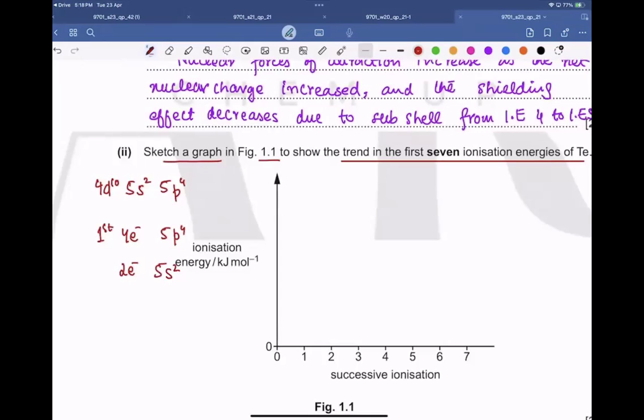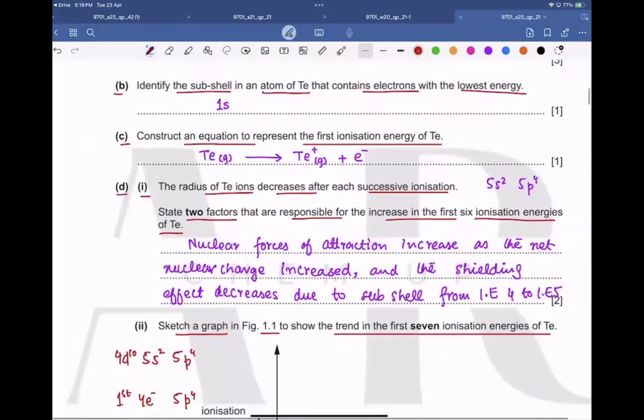No, there is not a decrease in ionization energy, Benin. They have stated that the radius of the tellurium decreases due to the successive ionization. So successive ionization energy always increases because the net nuclear charge increases. And as a result, the nuclear forces of attraction increase, and they attract more.